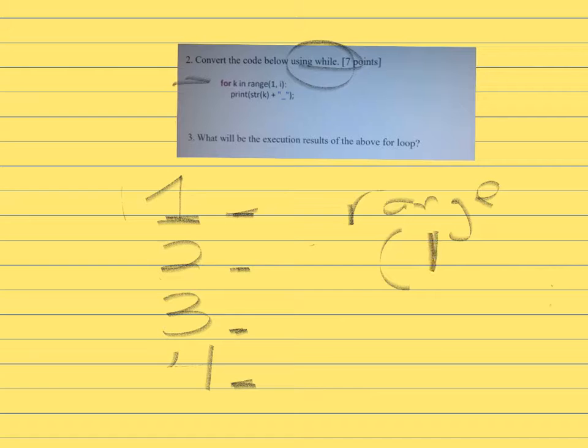We're going to print string 1 plus underscore, and then it's going to loop again. String with 2 underscore, string with 3 underscore, string with 4 underscore. Now this is assuming that the range is going to be from 1 to 5. What this says is that the loop goes from 1 to 5. It's going to be less than 5, but not equal to 5. So we're going to end off with 4 underscore.